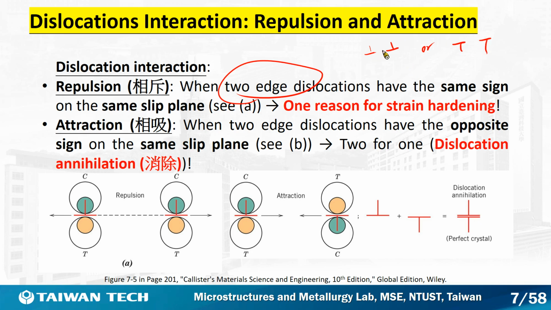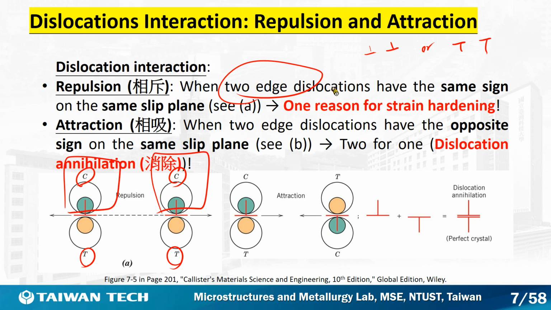So the same sign, for example, like here, we know that for a positive, we will have compression and tensile, right? But we have two edge dislocations with the same sign. So here we have compressive stress field, and they will experience repulsions. Okay, so this is the first one, repulsions.